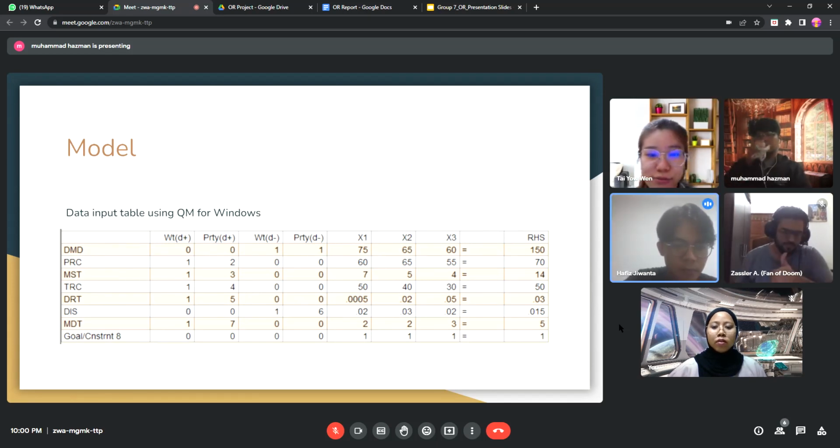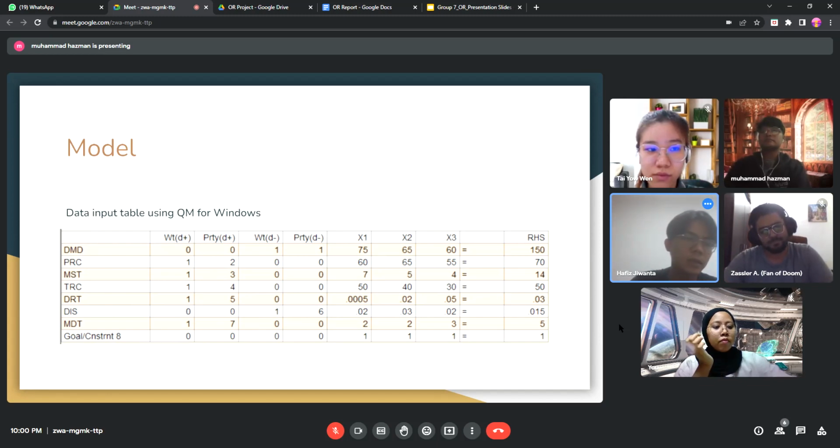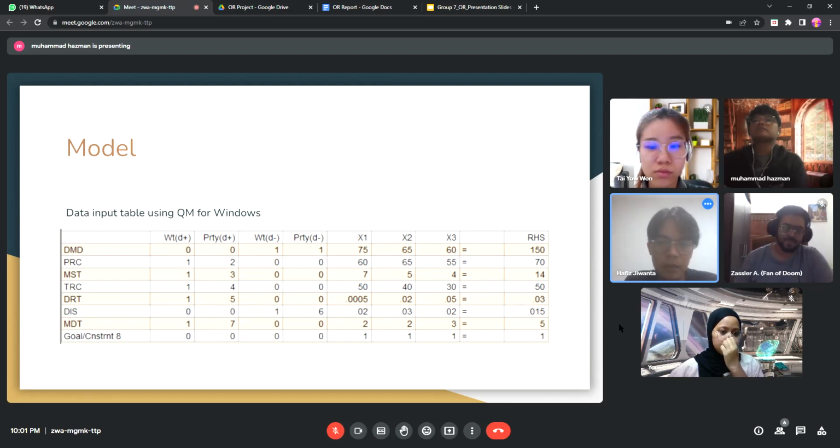Yeah, good. Okay, so to find the solution for the goal programming, we use QM for Windows. In the data input table using QM for Windows, there are a total of 8 constraints, which are the demand constraint, purchasing cost, maximum supply delay time, transportation cost, defect ratio, discount, and delivery time.